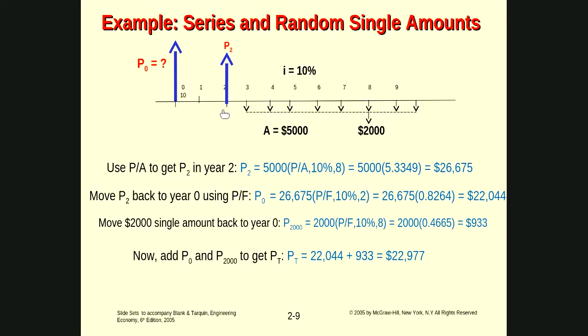Because you converted the 5000 payments that were over 8 years into a single value, which is 26,000. If I asked you how much the 5,000 every year from year 3 to year 10 is worth at year 2, it will be 26,675. So this is a single value. To find it at year 0 you need the conversion using n equal 2, because you are moving from year 2 to year 0. Abdulilah, go ahead.